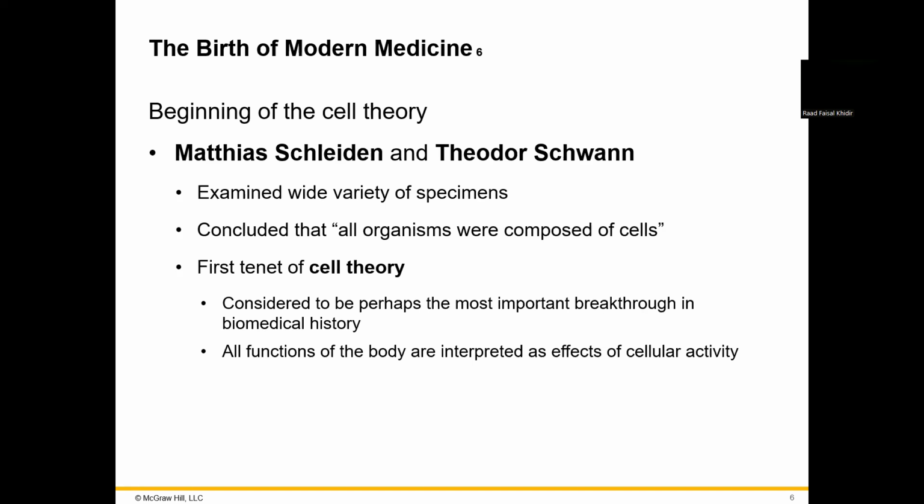The cell is the unit of life. So he came up with different tenets. Number one, we all discussed that the functions of your body are the sum and collection of the activities of the cells.